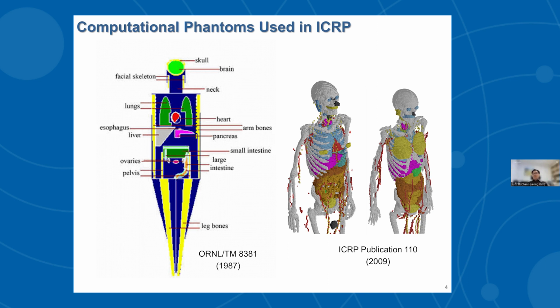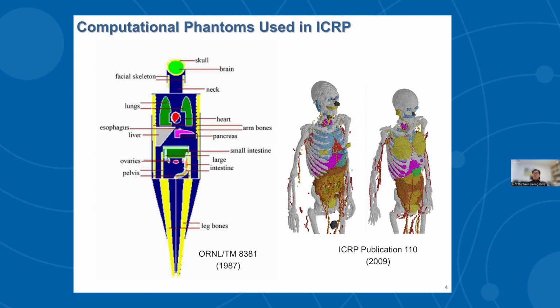This slide shows computational human phantoms, which are used in ICRP for dose coefficient calculations. The phantom in the left is called mathematical phantom or stylized phantom, mostly used in the past.